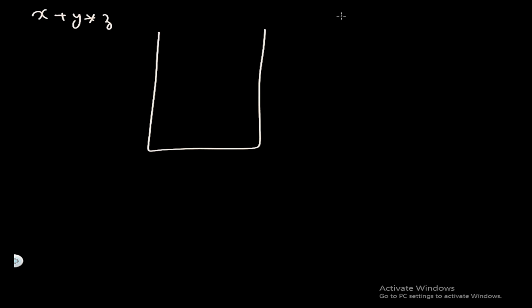First of all, let's say that we are given an expression x plus y into z. This is our expression. We will first take an empty stack. We will scan the expression from right to left.